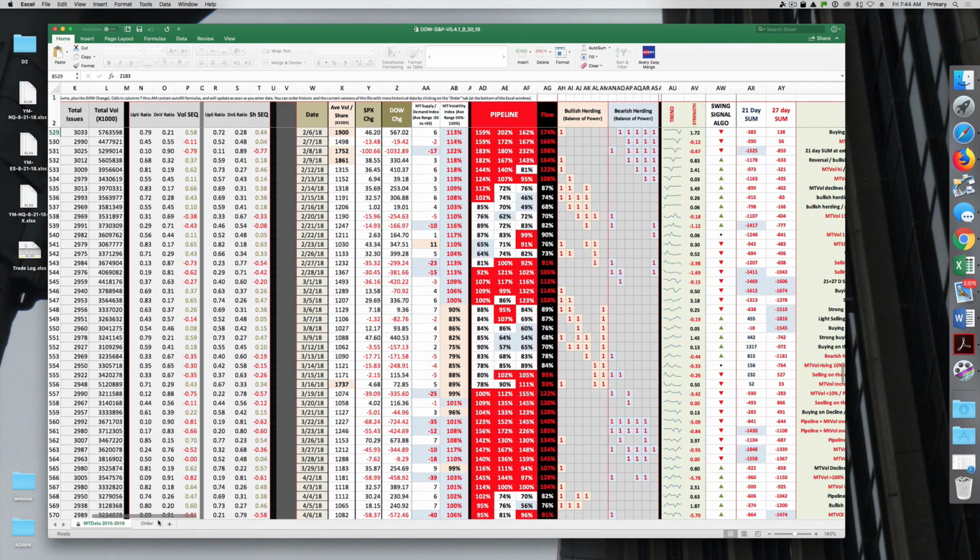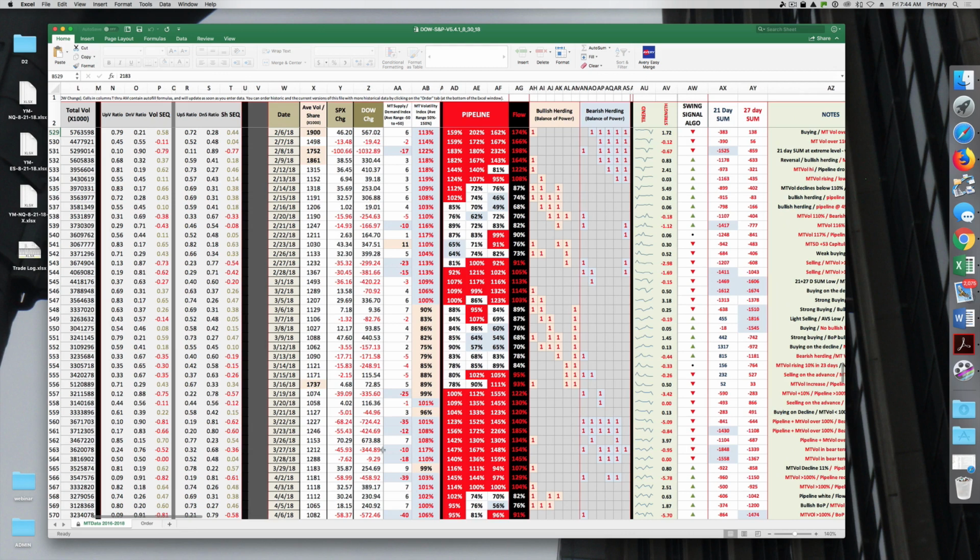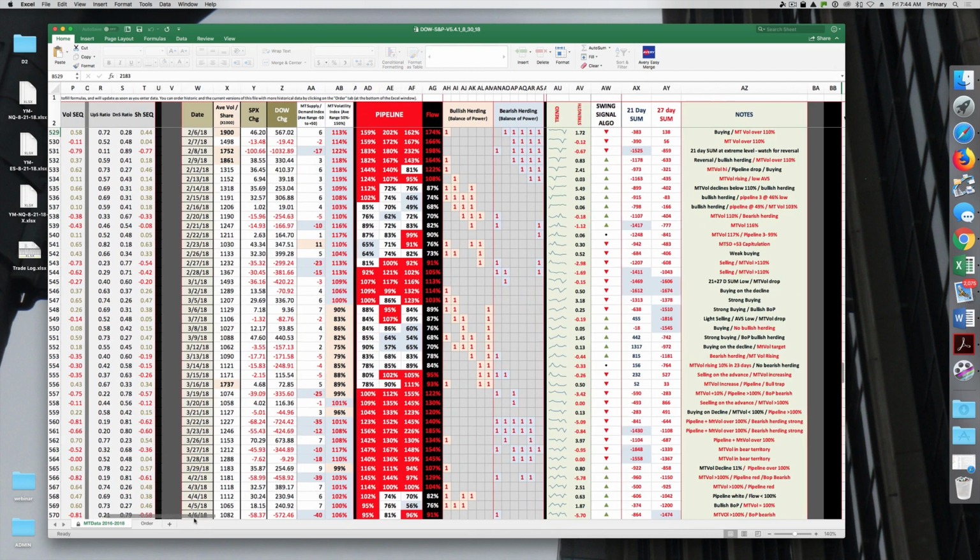Now, first, the swing trade system that I'm going to show you is based on a number of different indicators in the spreadsheet itself, but there are a couple that are more important than others. Number one is that included in the market timer spreadsheet is a swing signal algorithm.